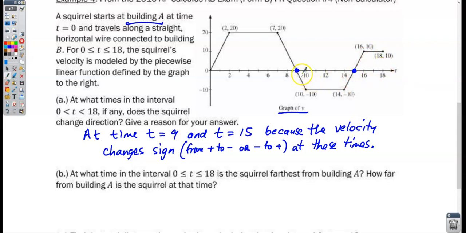But notice that the distance, the integral from 9 to 15 is bigger than the integral from 15 to 18, so it moved more back towards the building from 9 to 15 than it moved away from the building from 15 to 18, which tells us that the time that the squirrel is furthest from the building is here at time 9.